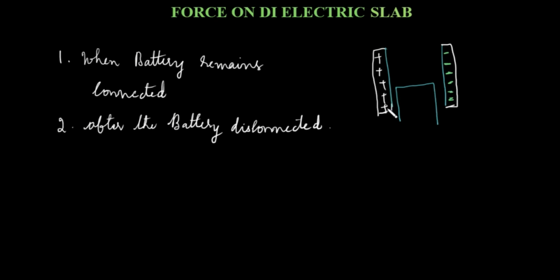Now this positive charge will induce negative charge over here, and the negative will induce positive charge in the dielectric. Say the dielectric constant is K. Now this positive will induce negative here, this negative induces positive here.